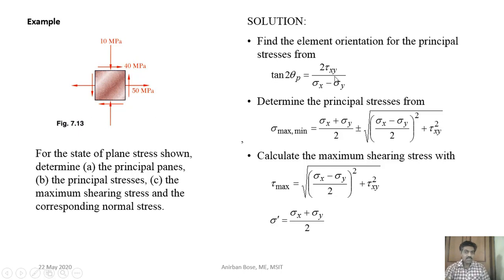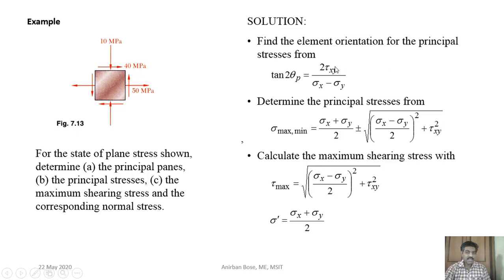Regarding the sign convention of the shear stress, try to remember this, it will be helpful. You see that there are two suffixes, x and y. The first one indicates the direction of the plane, and the second one, y, indicates the direction of the shear stress. So in tau xy, x is the direction of the plane and y is the direction of the shear.